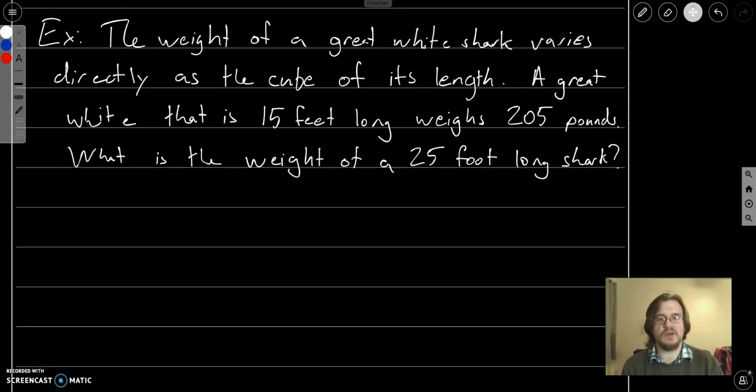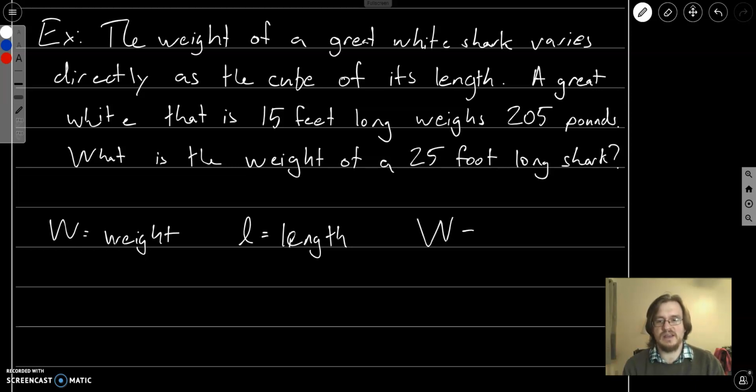The weight of a great white shark varies directly as the cube of its length. So if I call W the weight of a great white shark, and I'll use script L to be the length of the great white shark, what this means is that W is going to vary directly as the cube of the length.